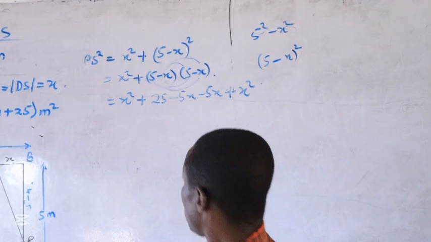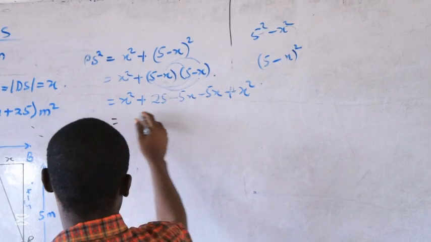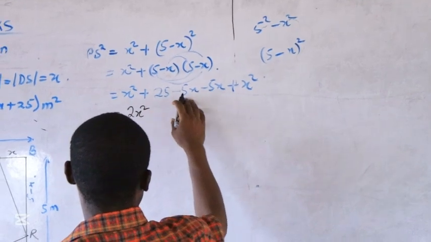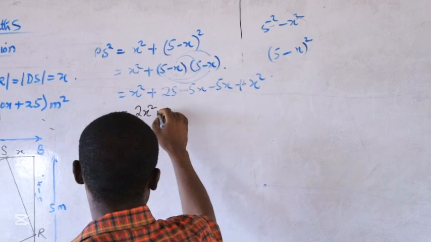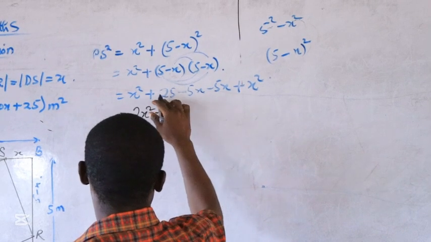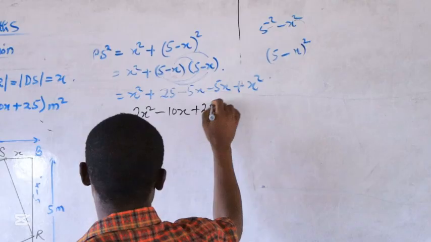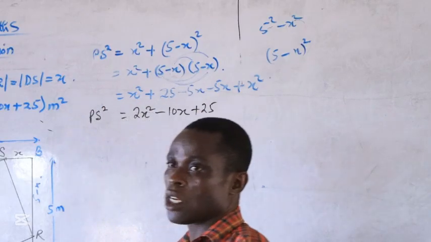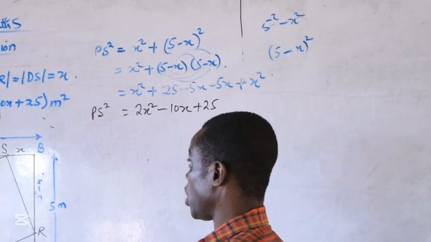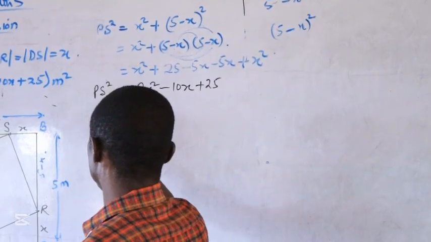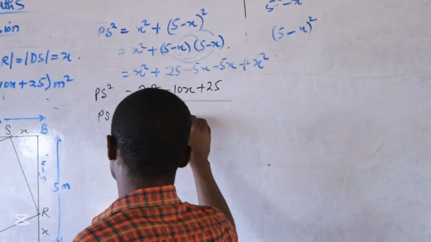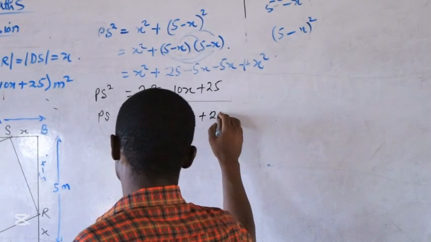Then, from here we can collect the like terms: x squared plus x squared will give us 2x squared, minus 5x minus 5x will give us minus 10x, and this is plus 25. Then PS squared equals that. Now what I'm trying to get here is PS and not PS squared. So we can say PS is now equal to the square root of 2x squared minus 10x plus 25.